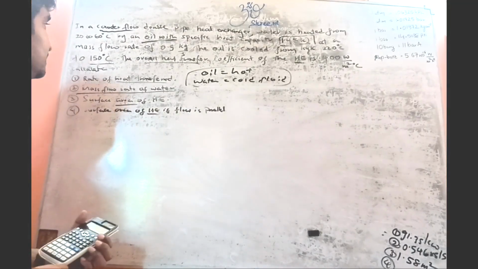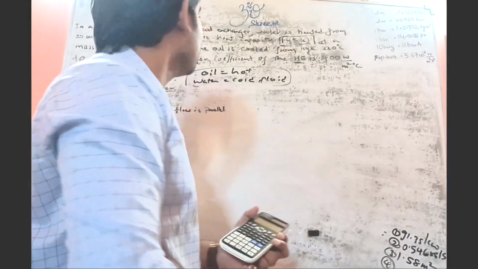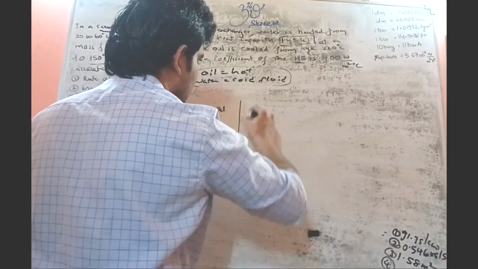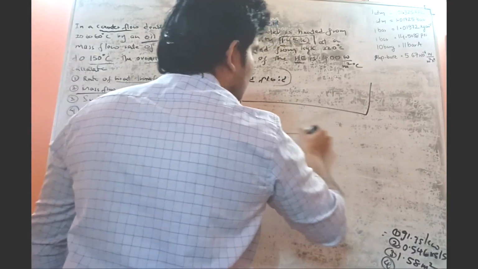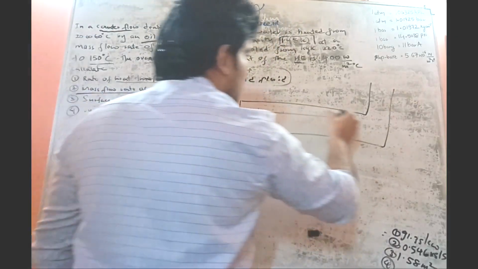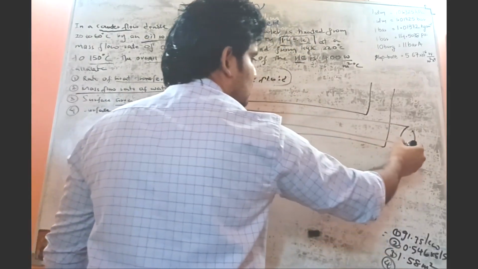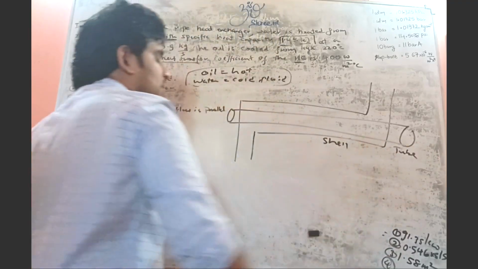Now, in the next case, we have the parallel flow. So this is the tube with the shell, right?